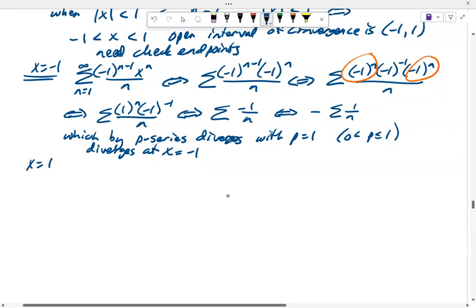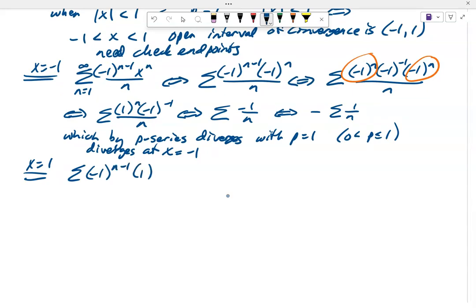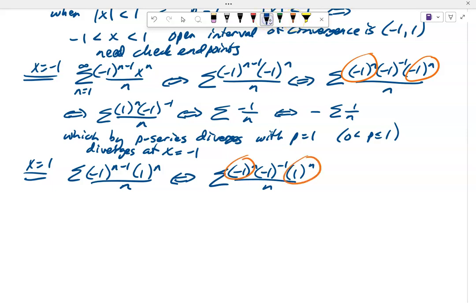All right, now let's check the 1. -1 to the n minus 1, 1 to the n. So we got -1 to the n, -1 to the -1, we got 1 to the n. So that'll give me -1 times 1 is -1 to the n, all over n.